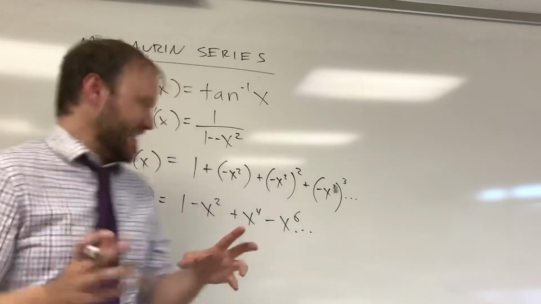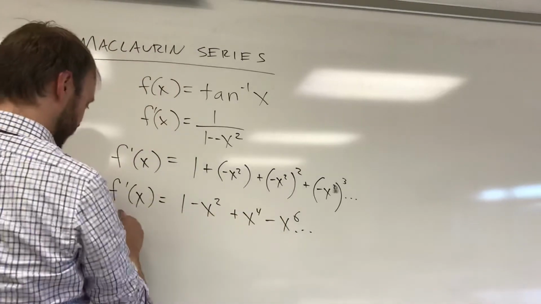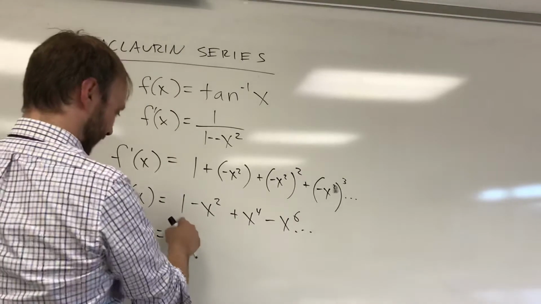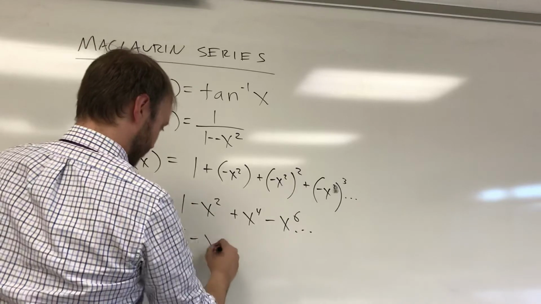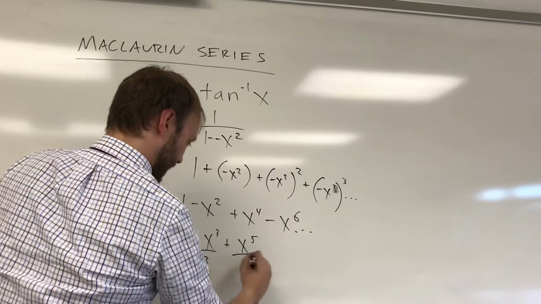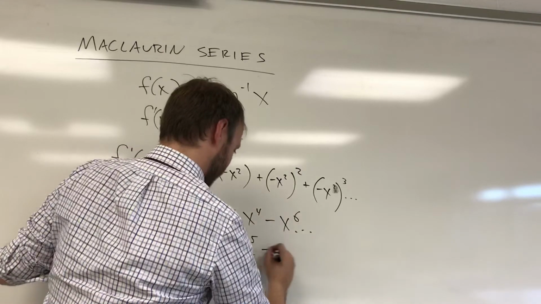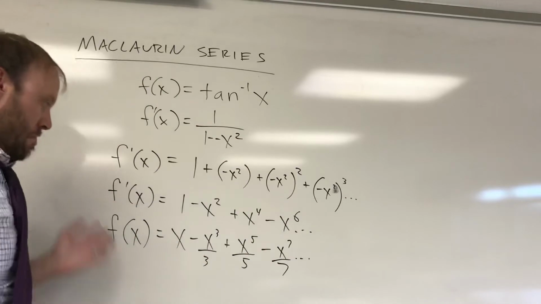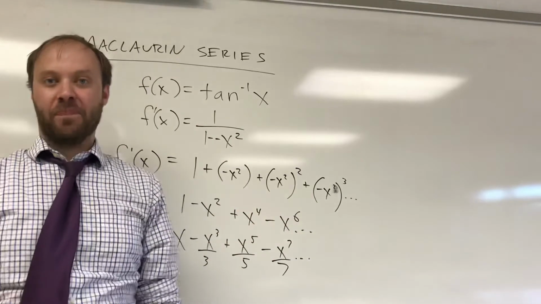So I can take the antiderivative here. If this is the derivative, f of x would be x minus x cubed over 3 plus x to the fifth over 5 minus x to the seventh over 7, okay? I can just represent it that way.